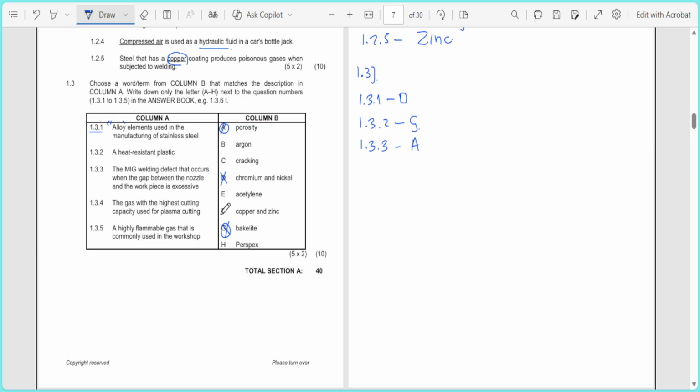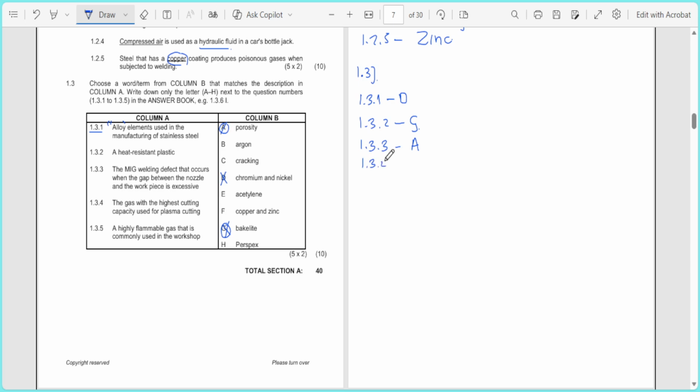Porosity actually refers to gas pockets or voids in the weld bead. When the nozzle to work distance is too great, shielding gas coverage becomes inadequate, right? So I think this is the appropriate one. A, definitely.